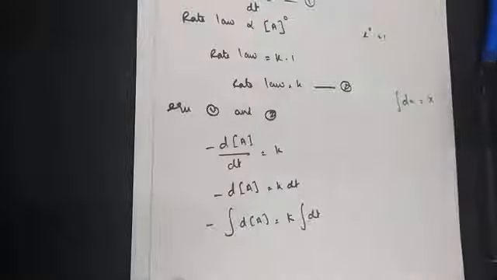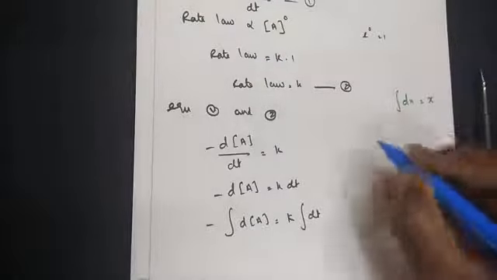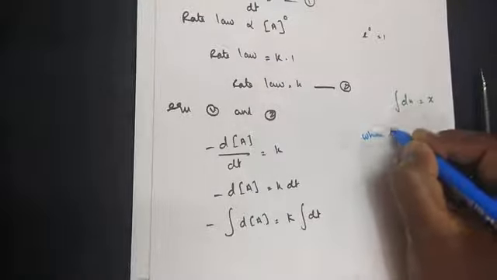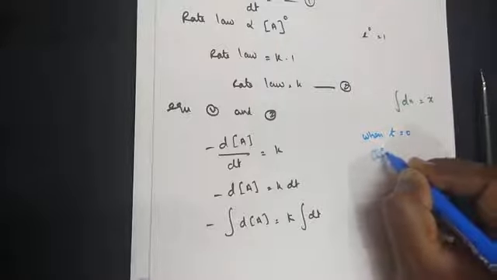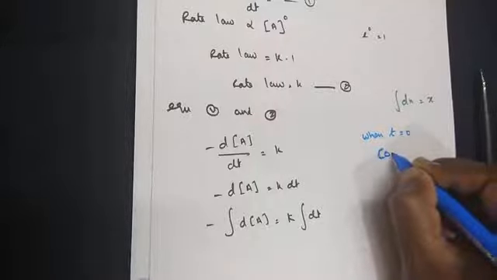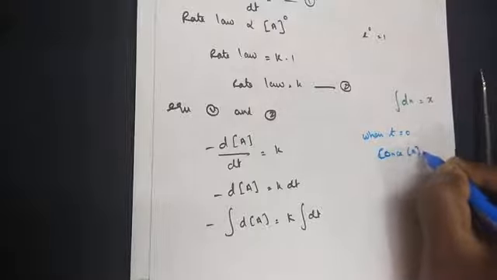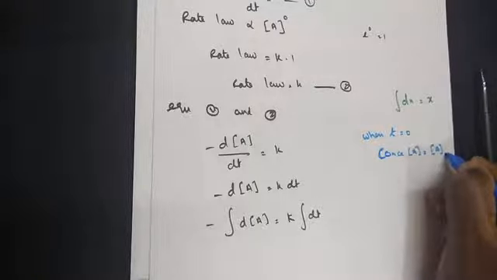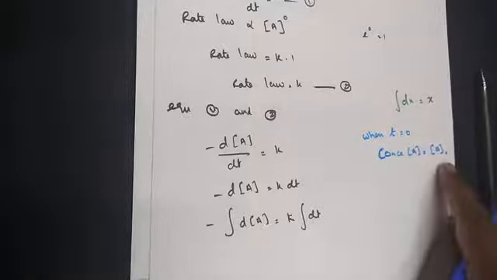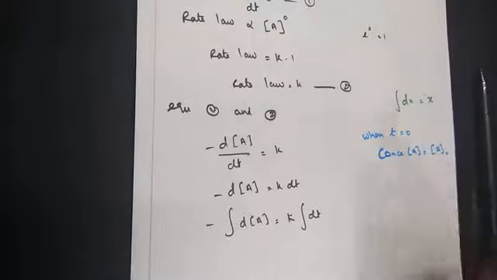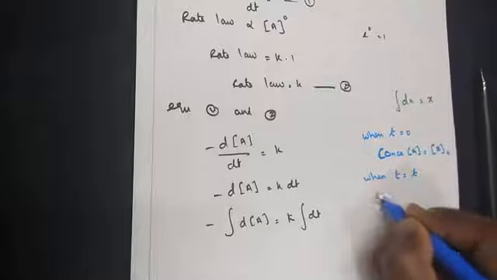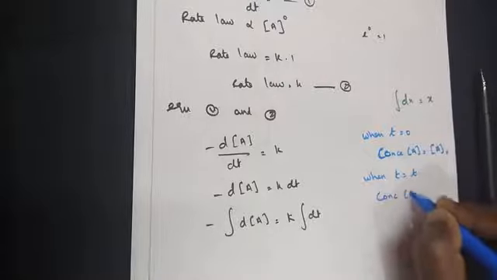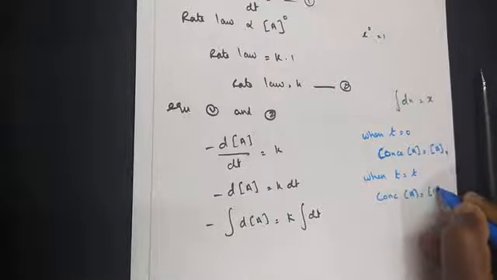As usual, we have to consider the given limits. So when t is equal to 0, concentration of A is equal to A naught. Let's consider that as the initial concentration. When t is equal to t, concentration of A becomes At.